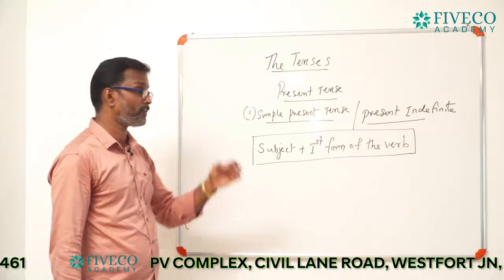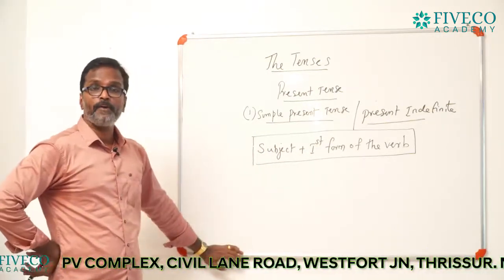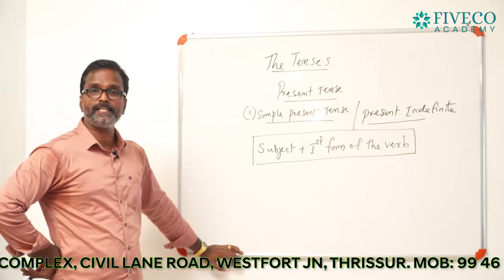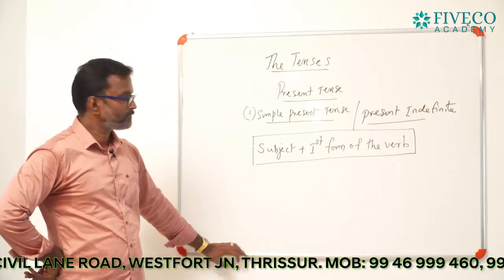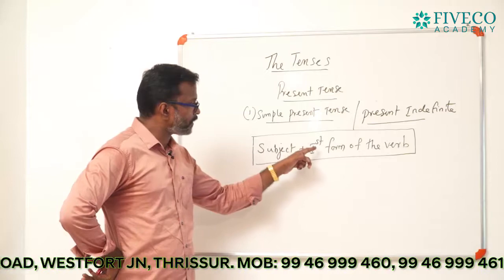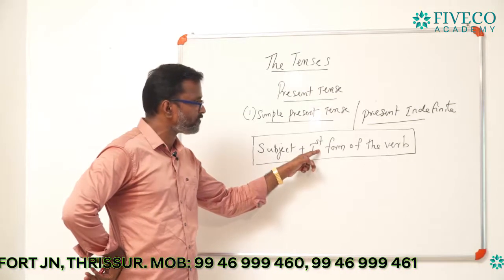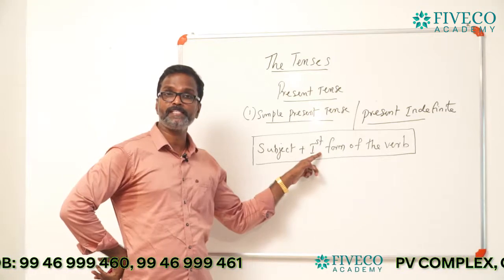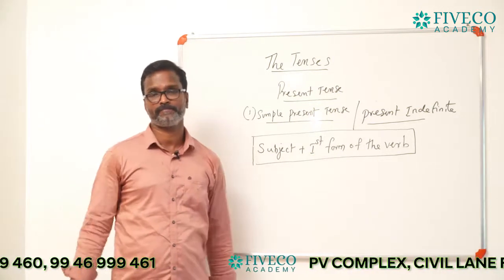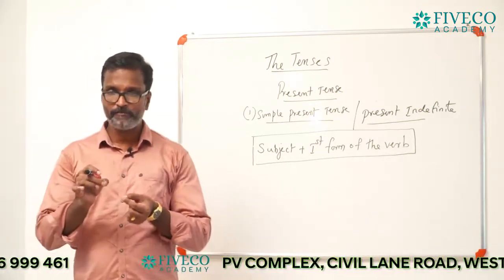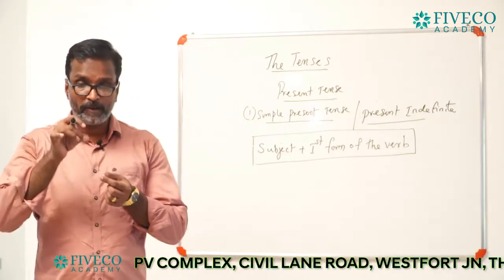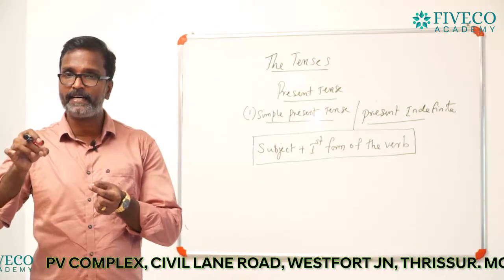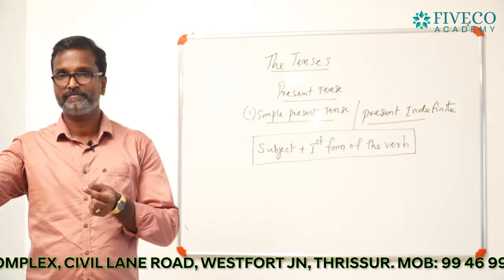I already explained the subject section, and I already explained the first form of the verb. The first form is the basic form of the verb, from which we can make the other three forms.